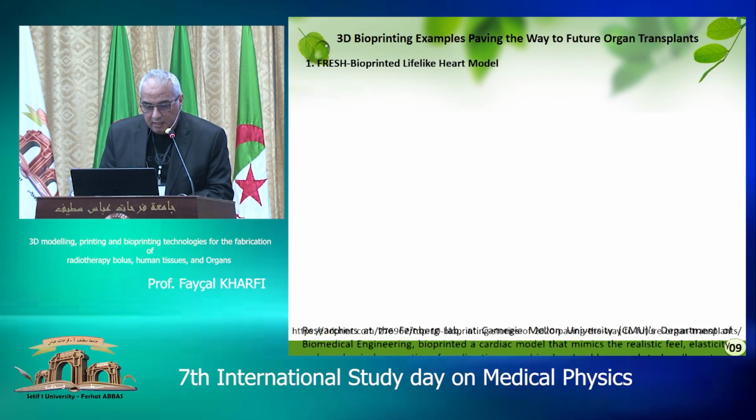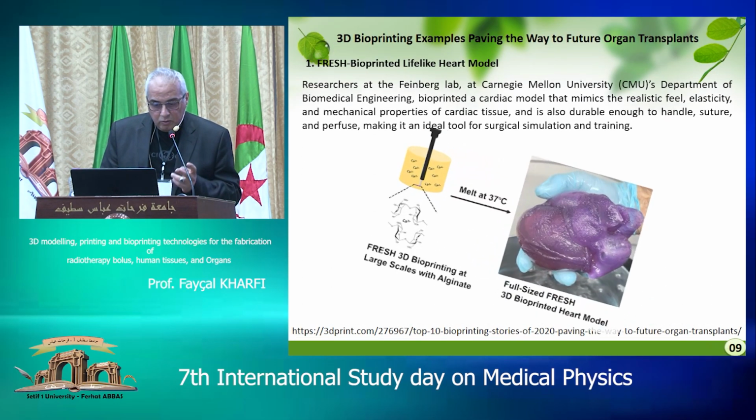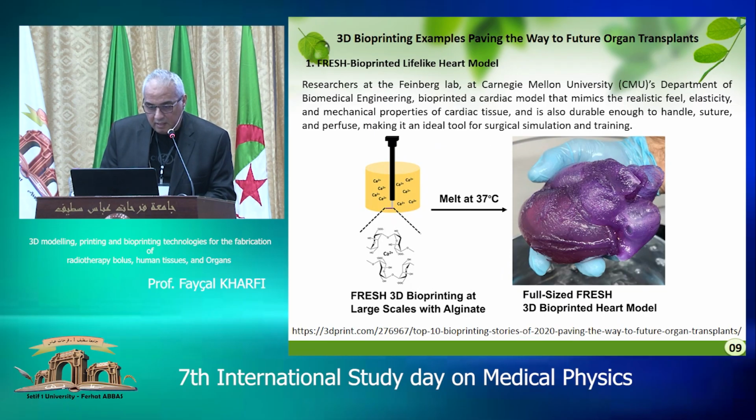I just want here to give you two examples of 3D bioprinting. The first one concerns a bioprinted lifelike heart model. This application was developed by researchers at the Feinberg lab at Carnegie Mellon University, Department of Biomedical Engineering.